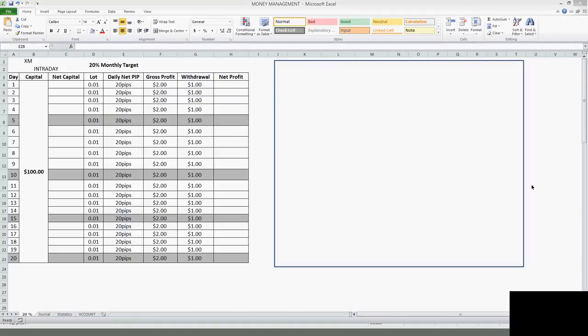With $100, you need to be able to project in a month's time what your monthly target is. Let's say that in a month you want to grow this account by 20%. You need to set yourself a goal that you'll be able to achieve, because don't set yourself a target that you yourself don't believe you can do. So set yourself up with an achievable goal.